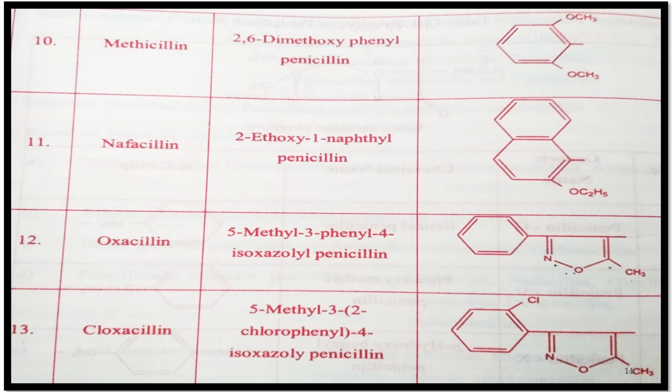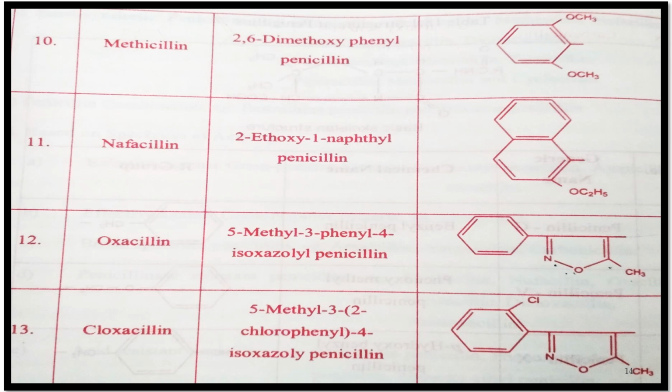Next one is cloxacillin. The R group will be 5-methyl 3-(2-chlorophenyl) 4-isoxazole nucleus.